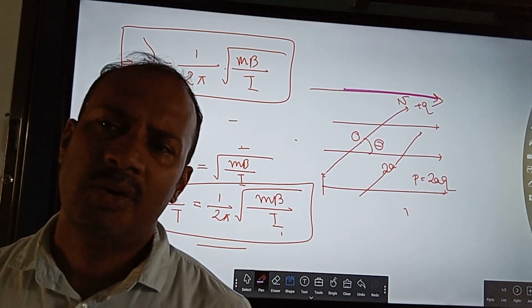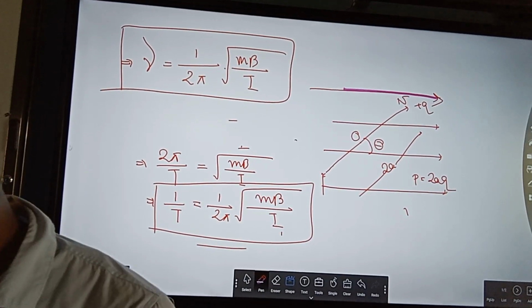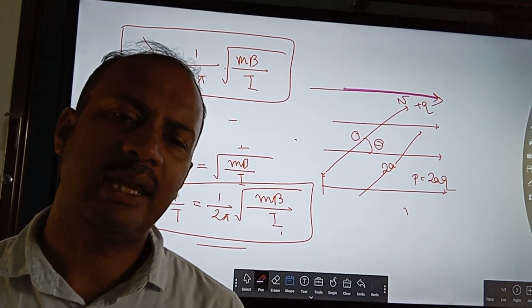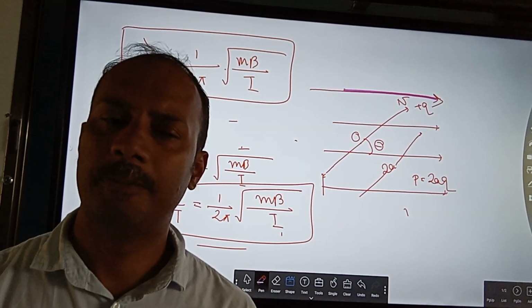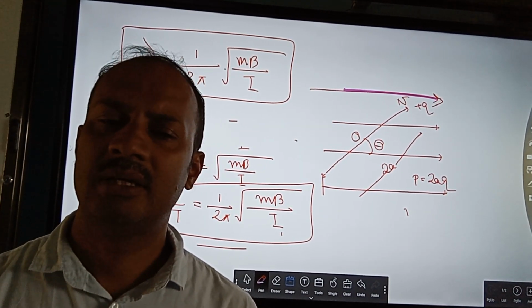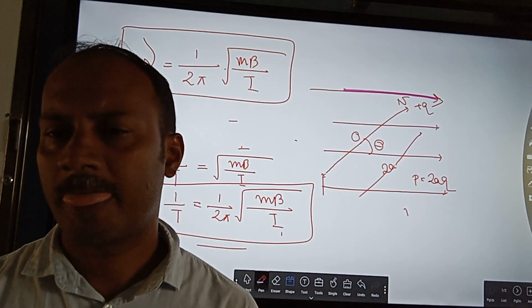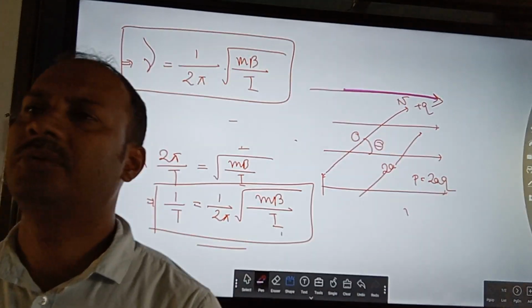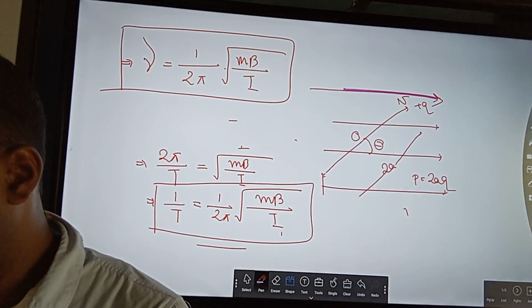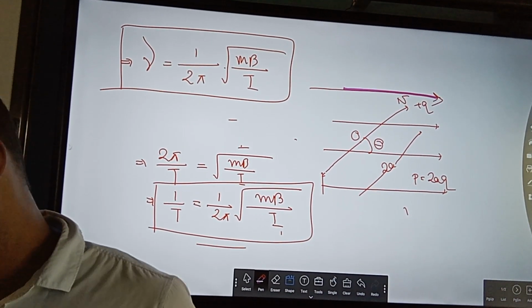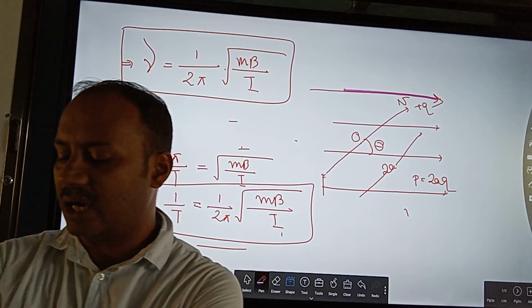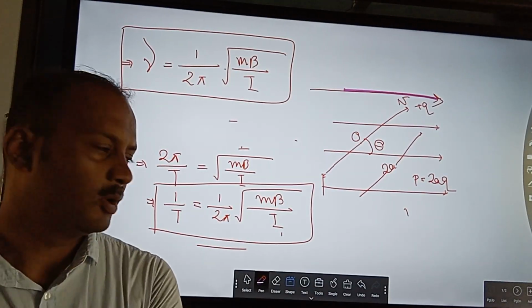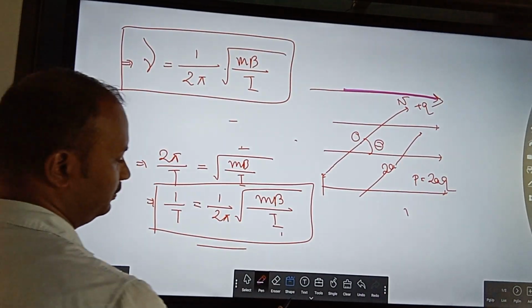Again, we know that since the torque acting on the dipole, formula क्या था? Tau is equal to what? mb sin theta. So there is a small work done. Now look at this.